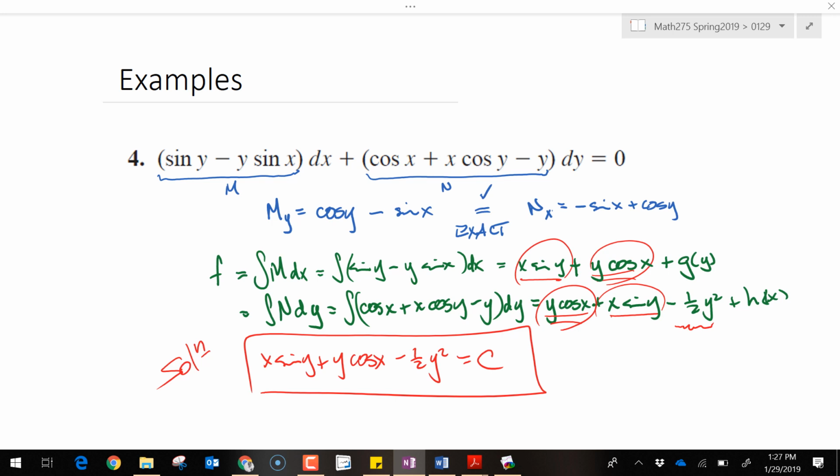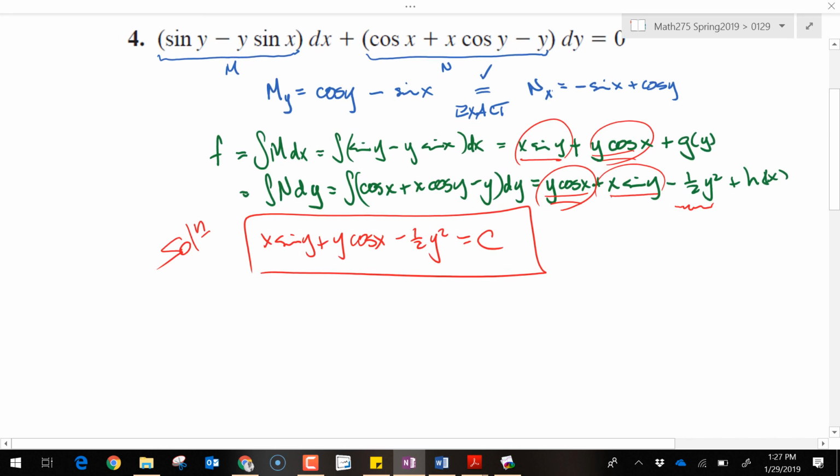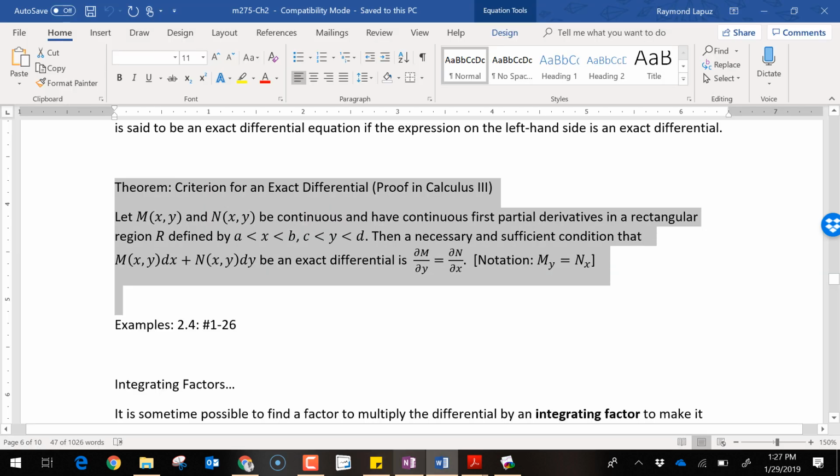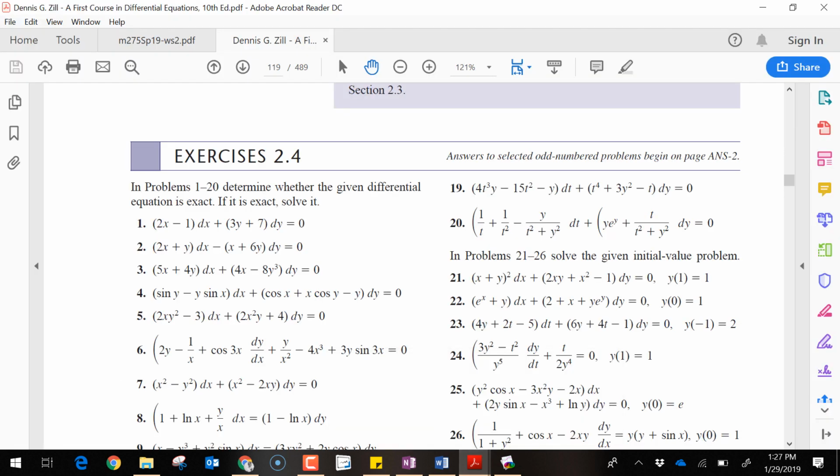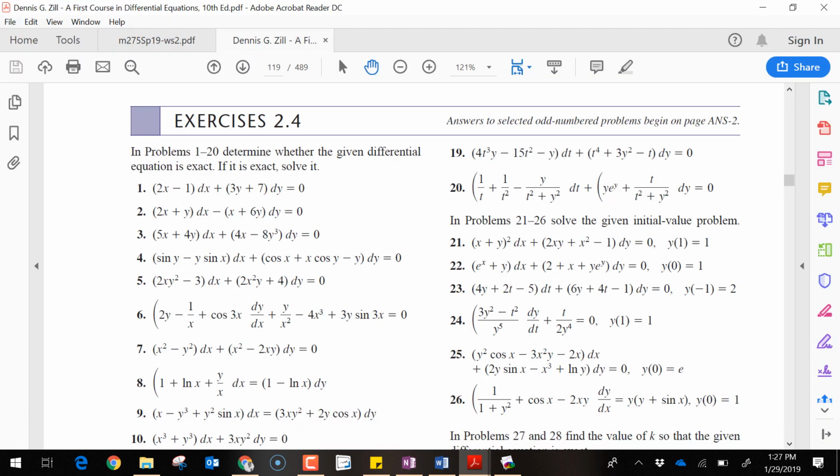Any questions? Should we try another one, or are you guys getting bored? I know what. Do they have any? Here's an initial value problem.